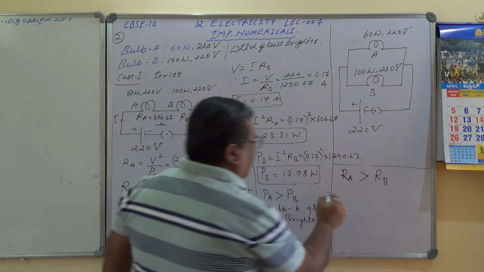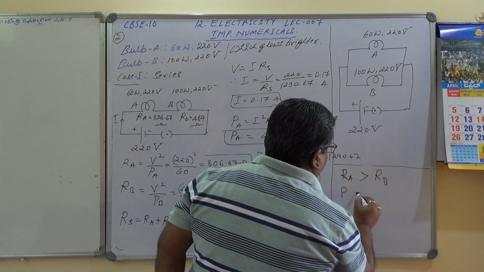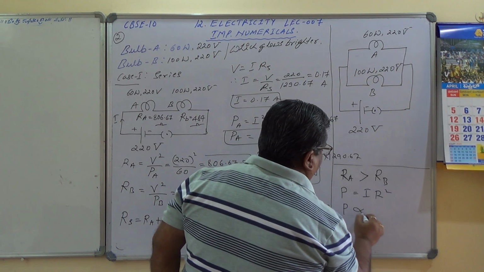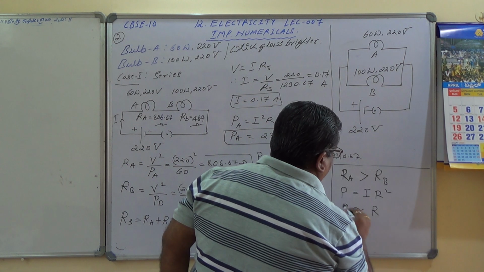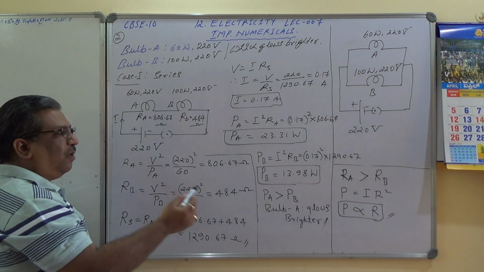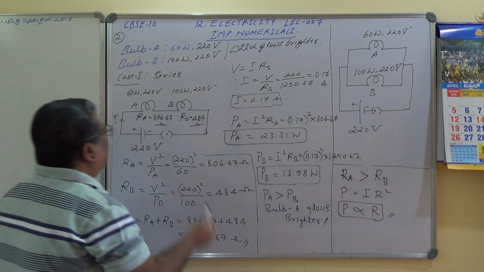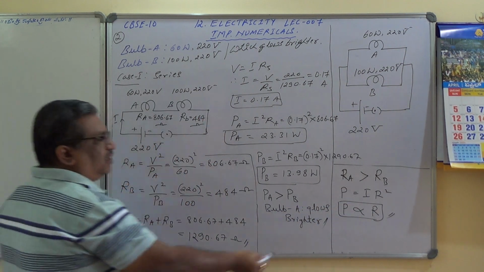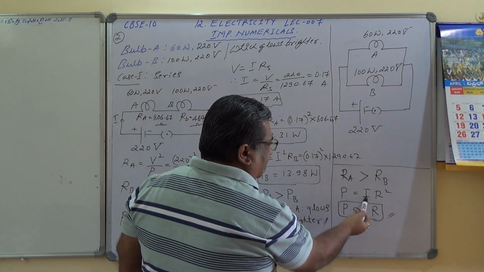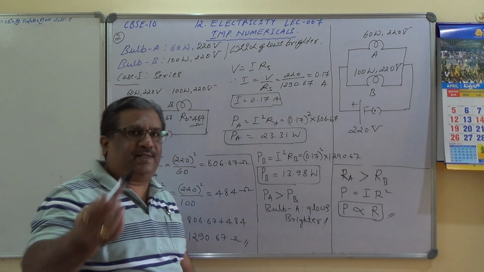What about power? We know power is equal to I square R, meaning power is directly proportional to the resistance. Why am I not considering I here? I remains constant. The constant need not be considered at all. Therefore, if I is a constant, power is directly proportional to the resistance.